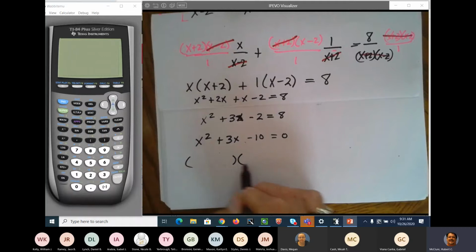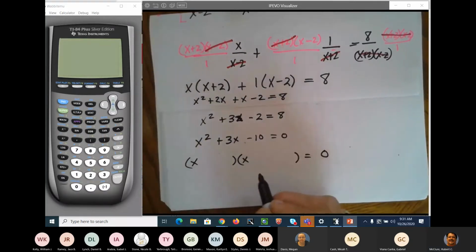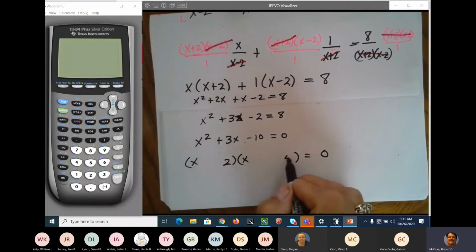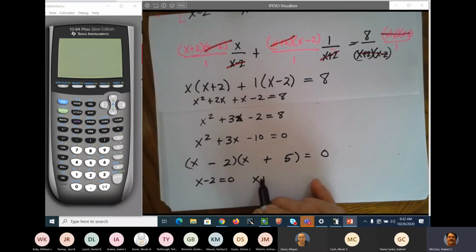Reverse FOIL: 2 and 5. We need a positive 5 and a negative 2. x minus 2 is equal to 0.